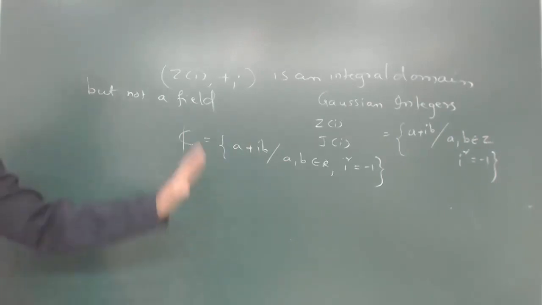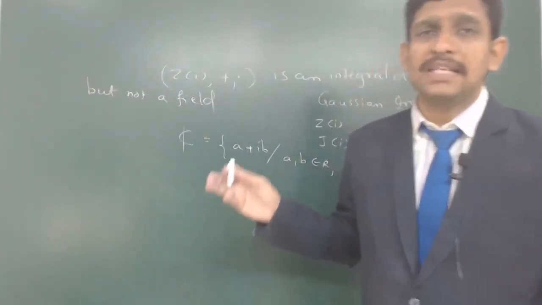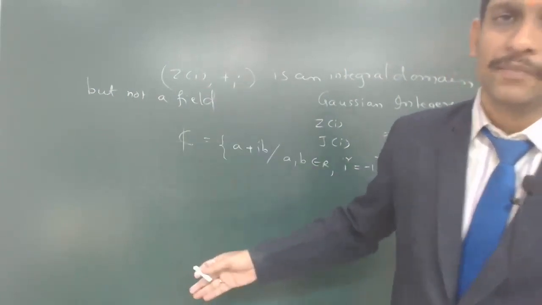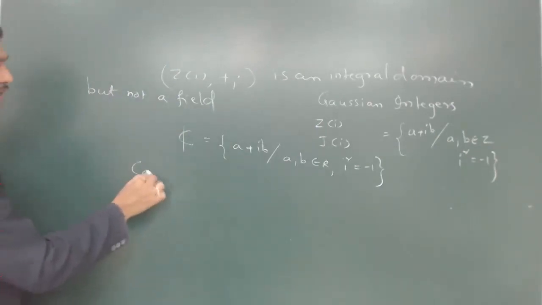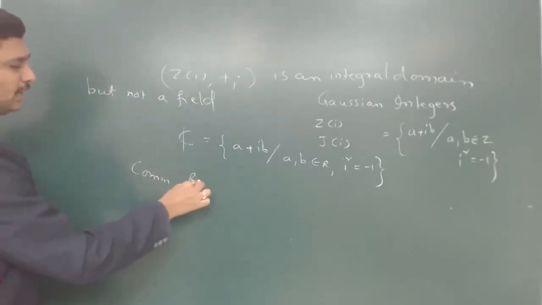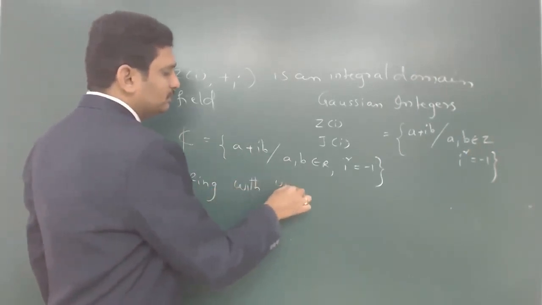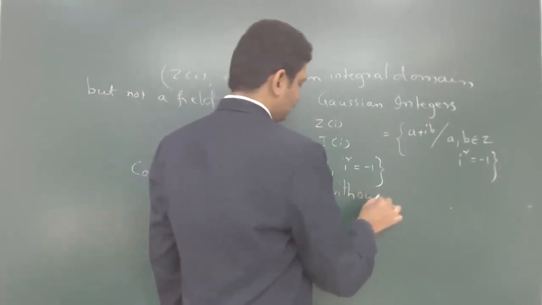Now the approach is very similar to the previous problem. Whatever properties you have considered earlier, the same properties we are going to prove again and again here. In order to show that it is an integral domain, you have to show that it is a commutative ring with unity and without zero divisors.